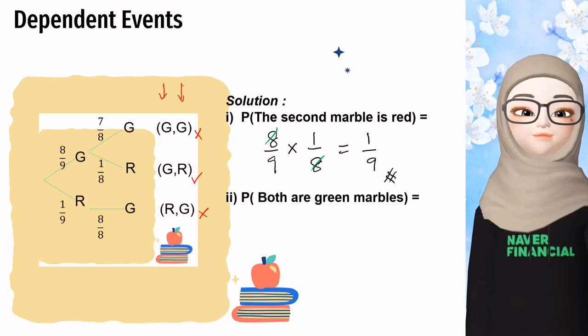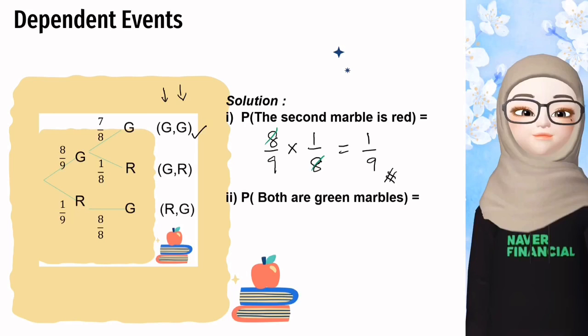Okay, we go to the next one. Calculate the probability when both are green marbles. So the first marble must be green and the second marble must be green. Look at the tree, the possible outcomes. Where is the G? Here is the GG. Find the probability for the first G, and then the probability for the second G. So how can we get the answer?